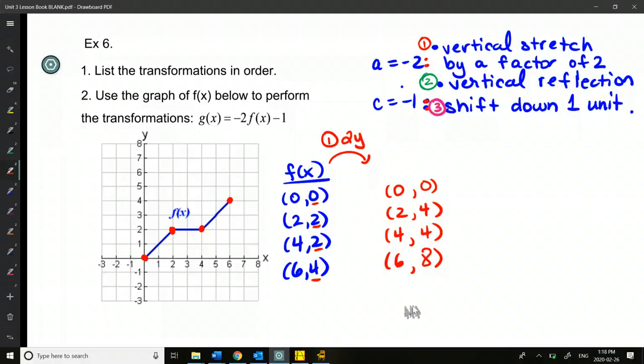Okay, so let's take a look at what this graph looks like after we've stretched it vertically by 2. I have this point here. Maybe I should have done these in black. Okay, so for the red transformation, we have a point at 0, 0. We have a point at 2, 4. We have a point at 4, 4. And we have a point at 6, 8, all the way up here.